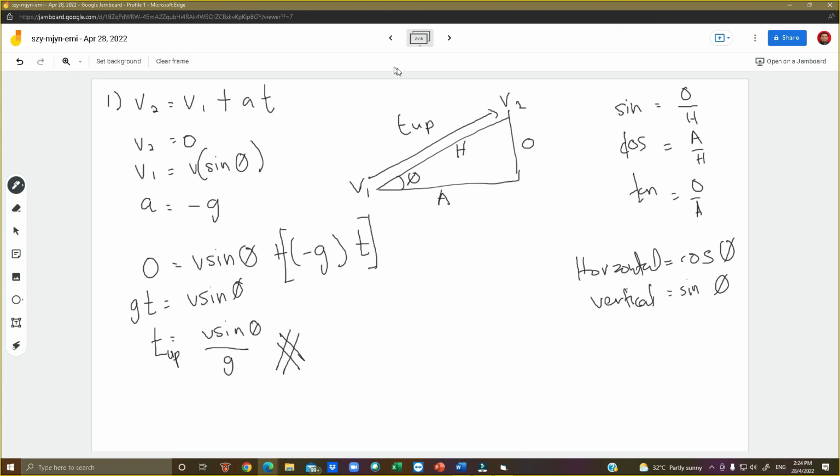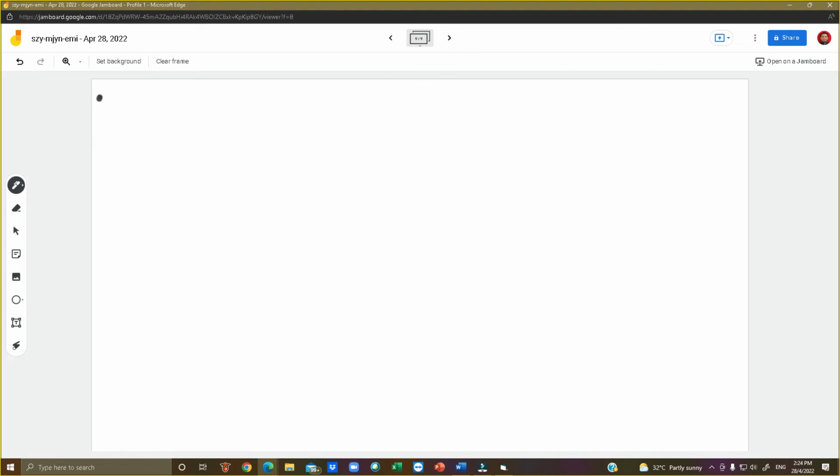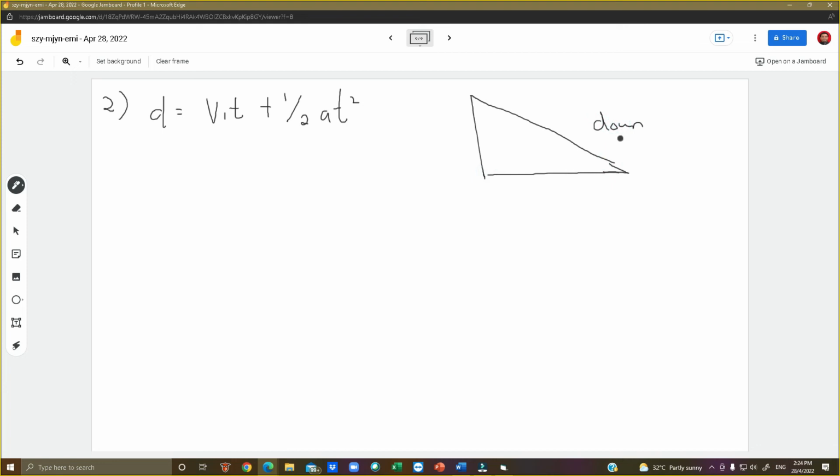Okay, so to do so, we are going to consult the second equation, which is D equals V1T plus half AT squared. To consult this one, it works in the down part. We want to find T down, time down.